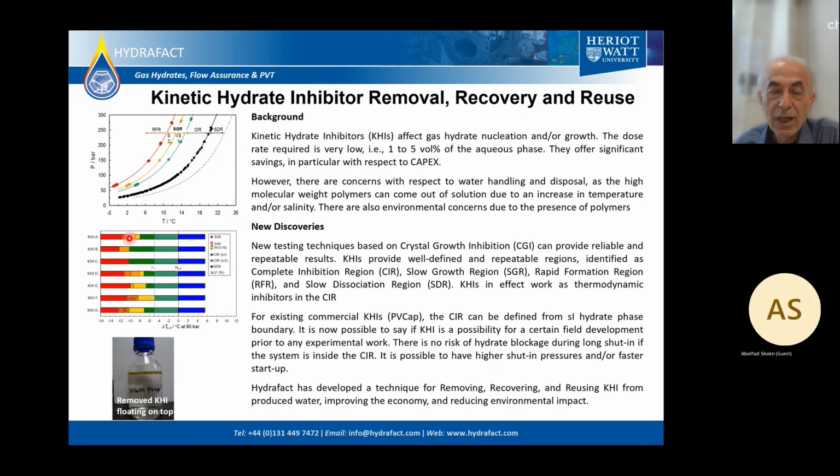So now we expect the application of kinetic hydrate inhibitor will increase. But they are expensive, and also they are not environmentally friendly. So we developed a technique to extract the inhibitor from produced water, remove it, and use it again.